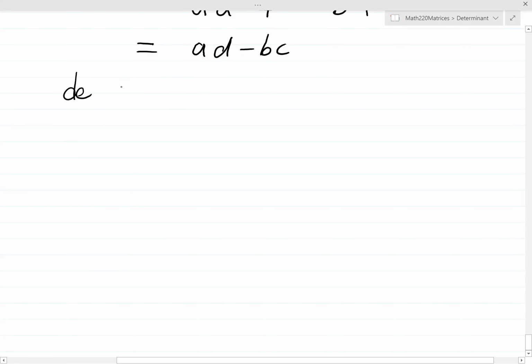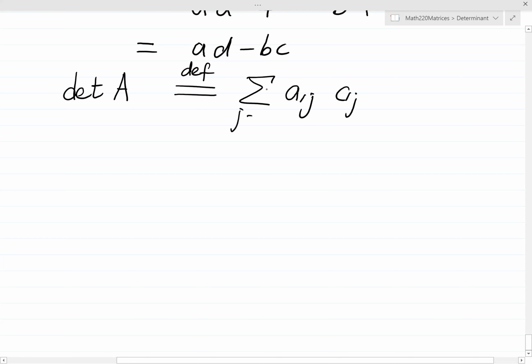The determinant is defined as the sum of a_1j times C_1j, j from 1 to n. Now this C_1j is also a determinant. Here a_1j is a number, so we have nothing to do with it.